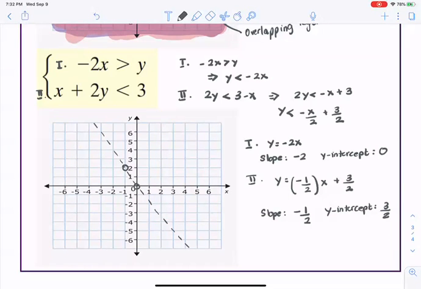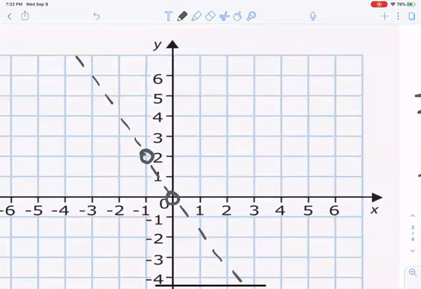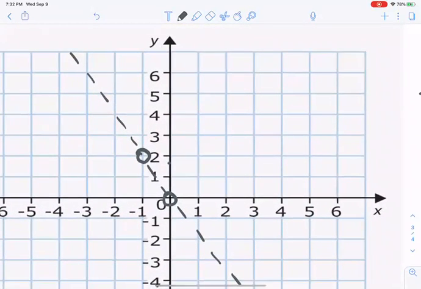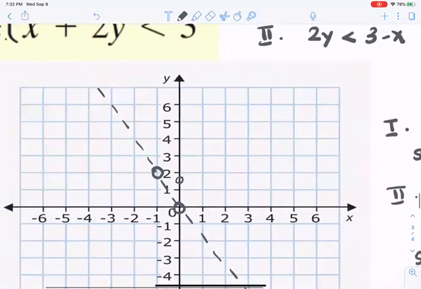The slope is negative. The other one has an intercept of 3 over 2. May have to zoom this a bit. So 3 over 2 is right here. It's an open dot.